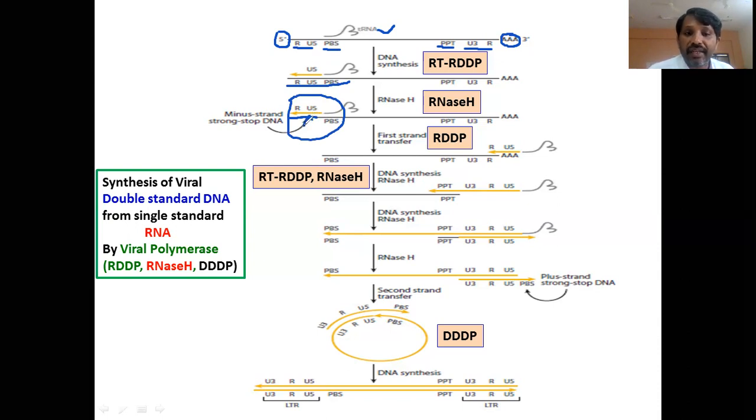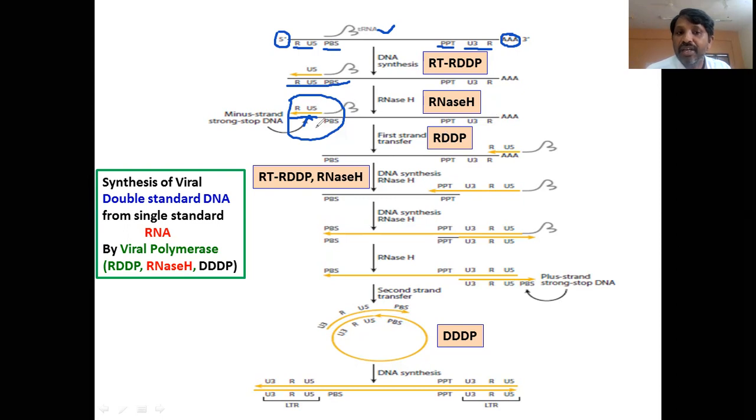Once the RNA strand in the double-stranded hybrid is degraded, what will happen? The tRNA and the amplified R and U5 fragment go and bind to the 3' region of the viral RNA. This R is complementary to this one, and you have R here and here.